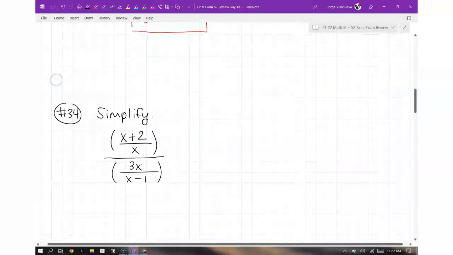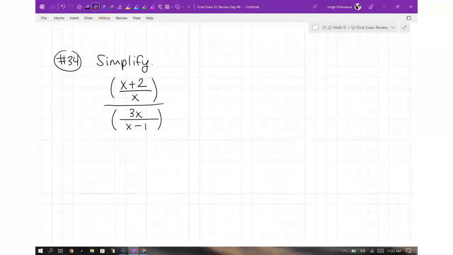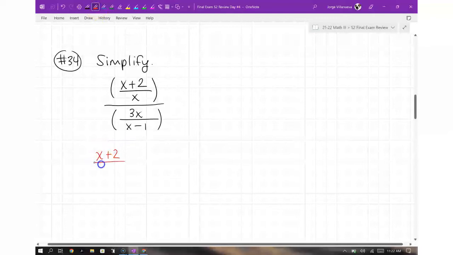All right. So this one might be a little tricky, but nothing too terrible, I hope. They just want us to simplify. So, x plus 2 over x divided by 3x over x minus 1.